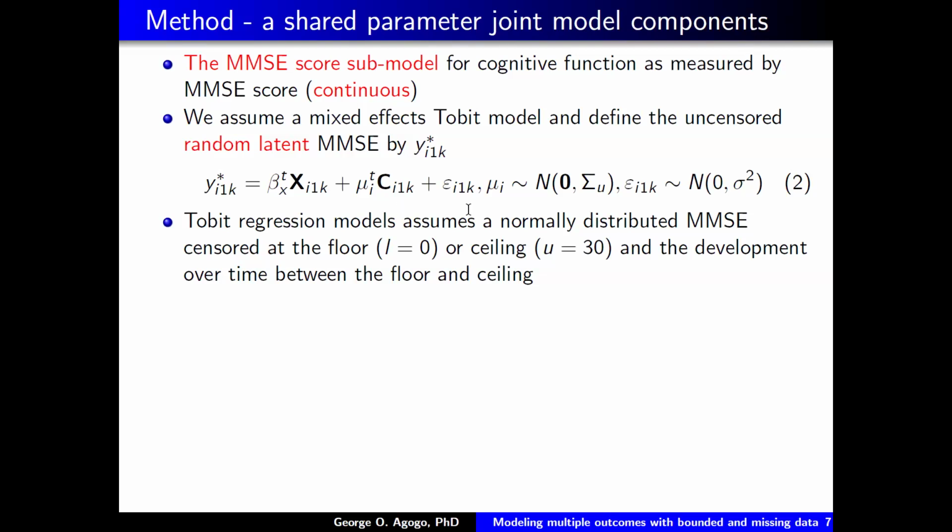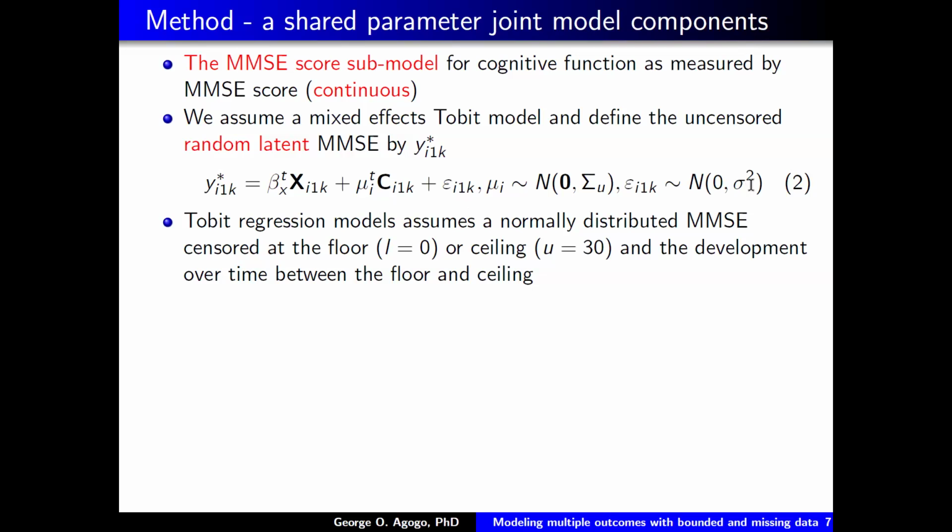Because this is a vector representation, we assume that mu i is multivariate normal, so it follows a normal distribution. The random error term also follows a normal distribution.